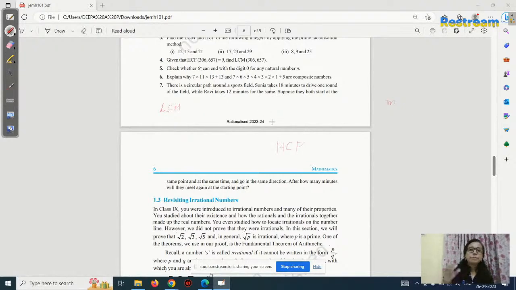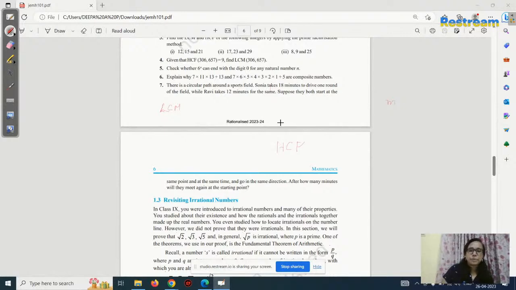But in the case of minimum, what is the minimum distance travelled, what is the minimum time taken, the minimum amount of money they have to give, likewise, minimum anywhere they ask, you want to find out the LCM.